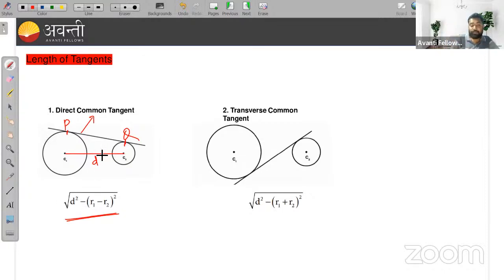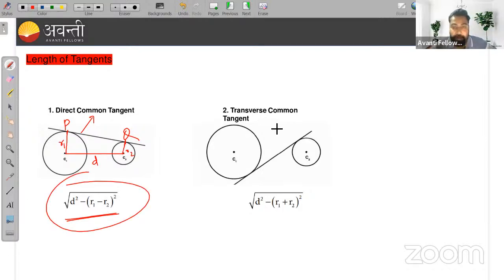So the length of the direct common tangent will be the square root of d square minus (r1 minus r2) whole square. This is my length of the direct common tangent, and this one is called my transverse common tangent.